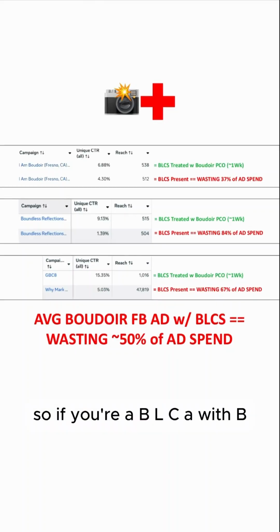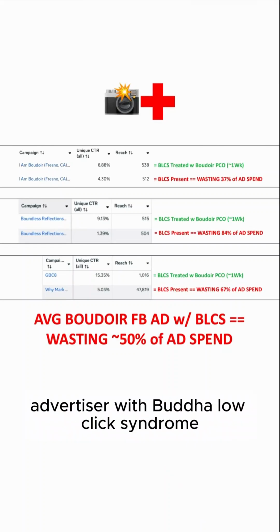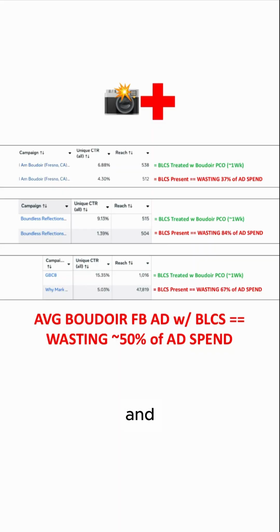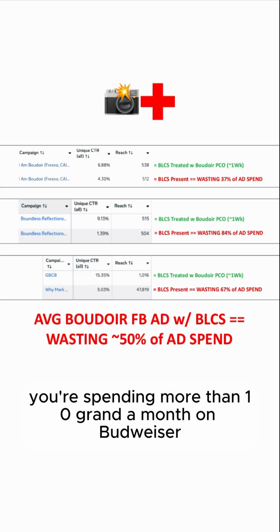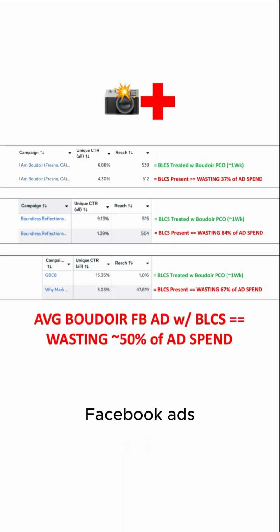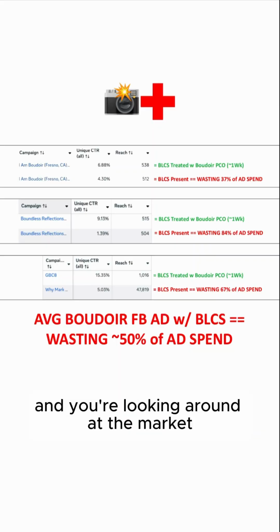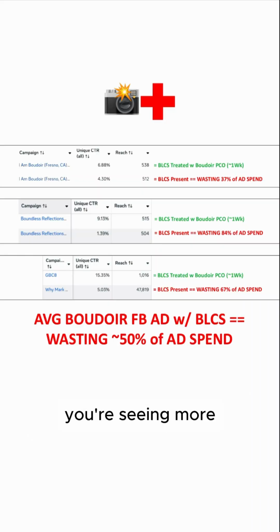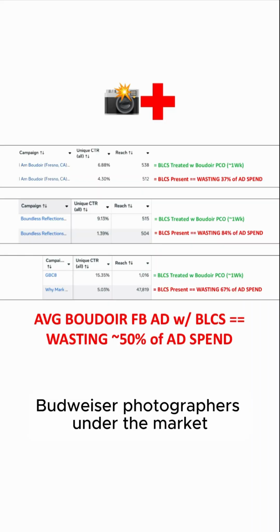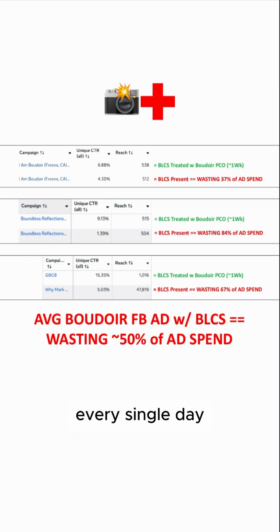So if you're a BLCA with BLCS, a Boudoir low click advertiser with Boudoir low click syndrome, and you're spending more than 10 grand a month on Boudoir Facebook ads, and you're looking around at the market, you're seeing more Boudoir photographers enter the market every single day.